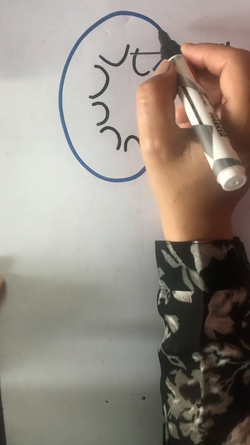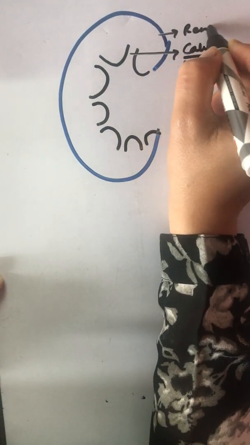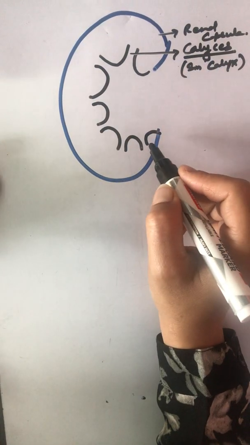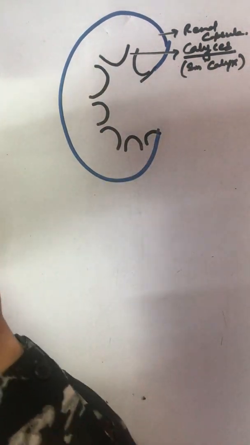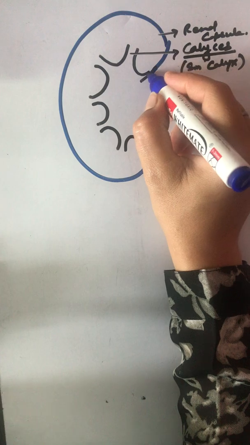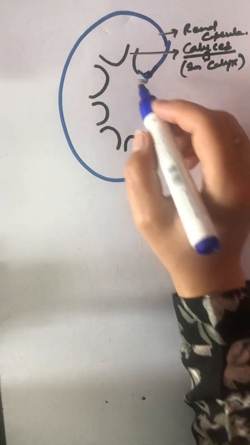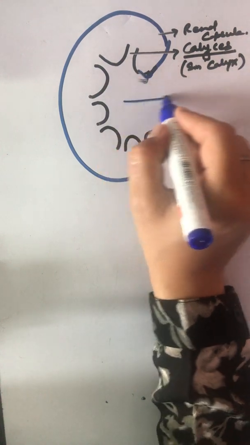Alright, and this is the renal capsule. This region where it extends is the pelvis region.